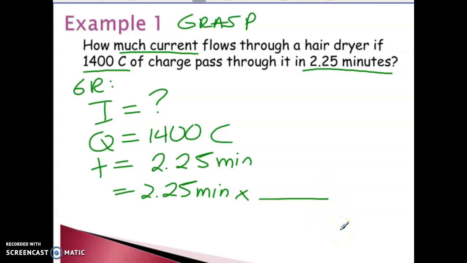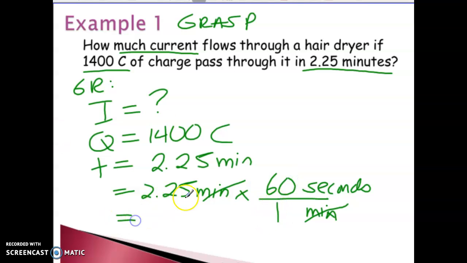So we have 60 seconds in 1 minute, but the way I'm going to set this up is to prove that minutes are going to cancel out. Minutes is the unit we want on the bottom so that it cancels, and seconds is what we want in the numerator. So there are 60 seconds for every 1 minute.